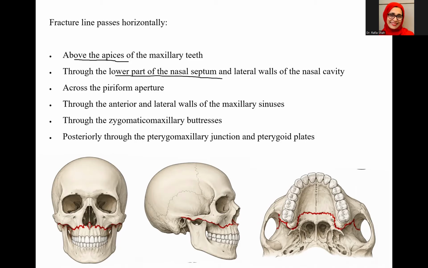It crosses through the zygomatic buttress, and then eventually ends at the pterygomaxillary junction or pterygomaxillary plates. So this is basically the fracture line of this Lefort 1 fracture. Since the line runs all the way through in a horizontal pattern, we call it a horizontal fracture.